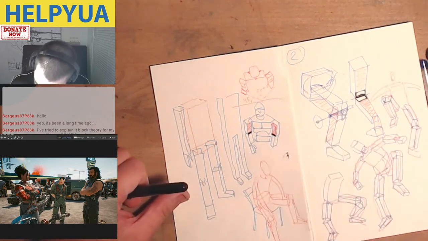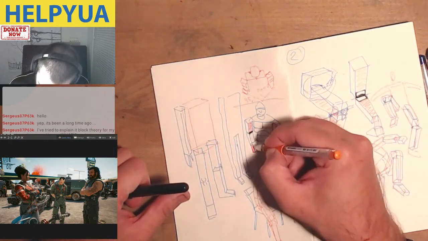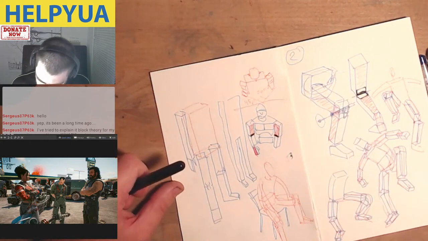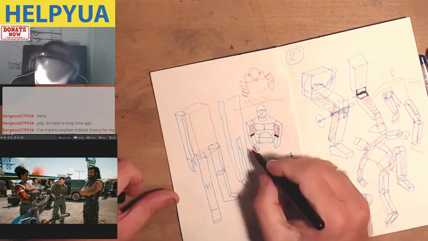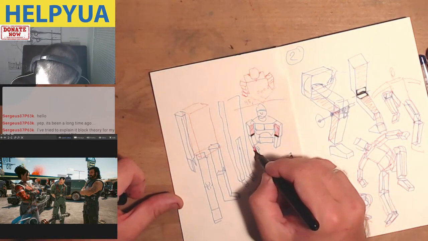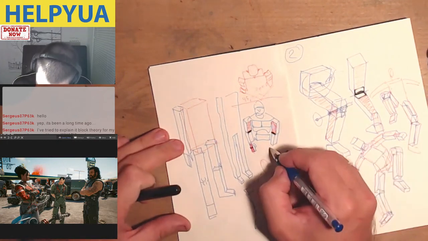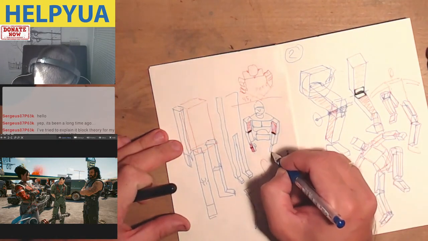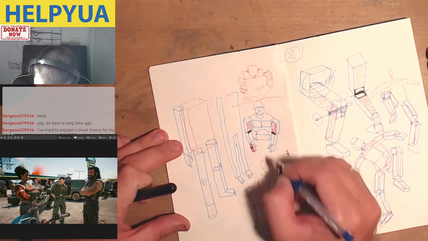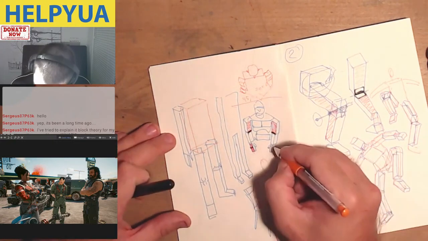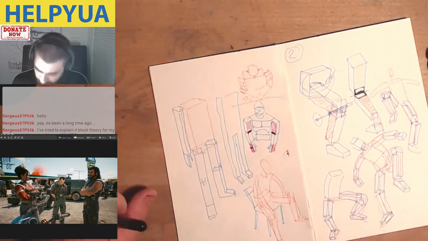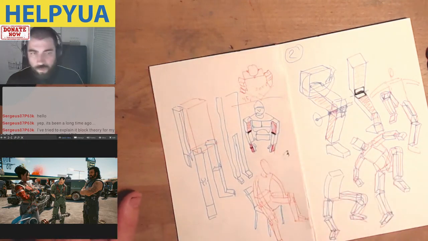And this is the outside of the hand, like the fist bones are here. This is the outside of the hand.